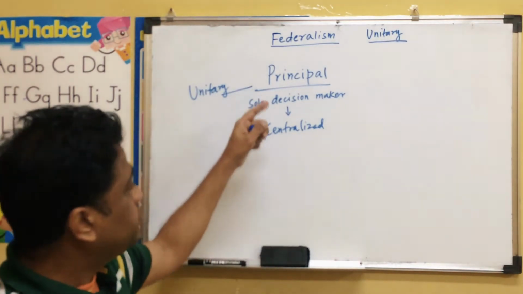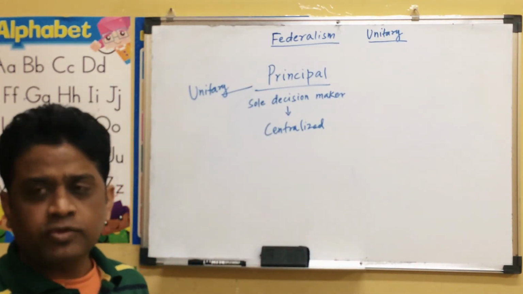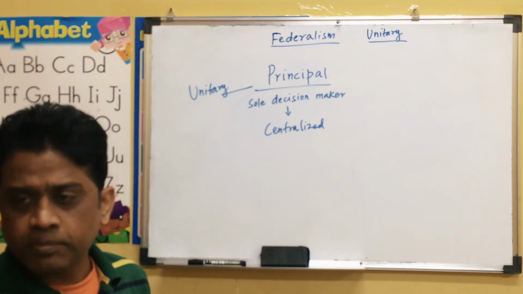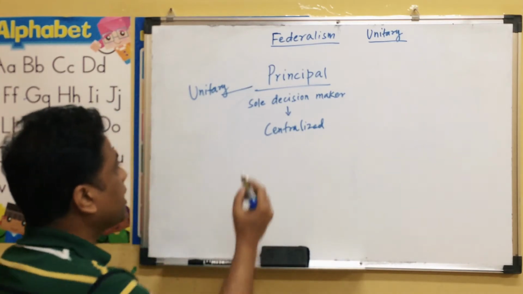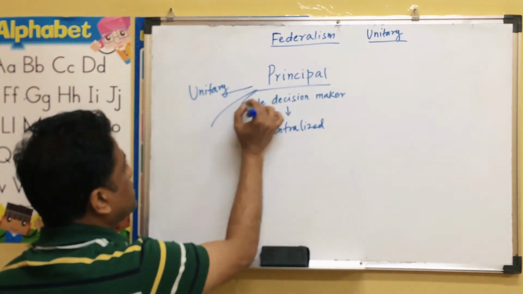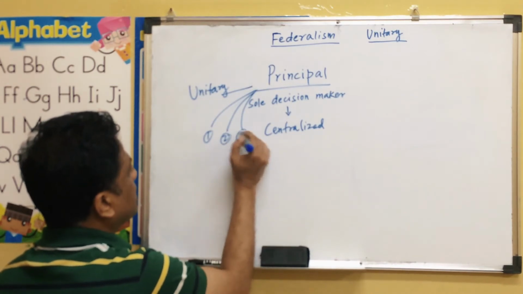However, the principal of the school can appoint 2 or 3 people to support him to take care of the affairs of the school. Suppose he appoints 3 people: 1, 2 and 3.